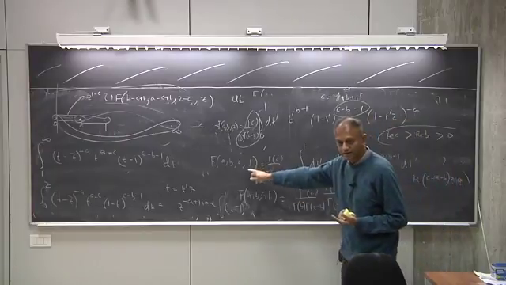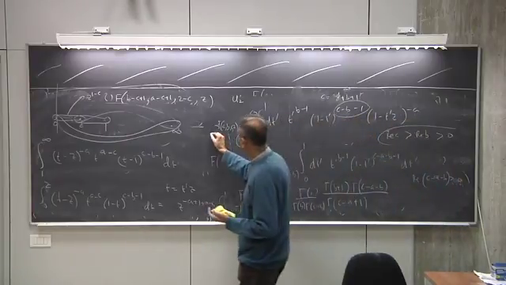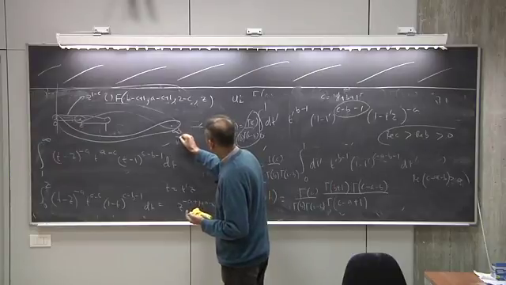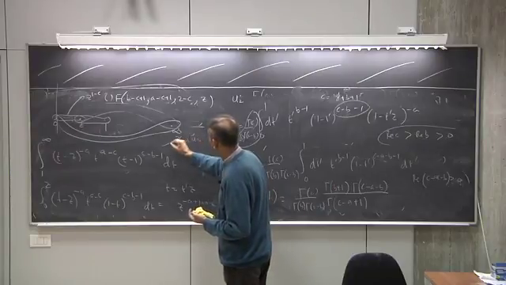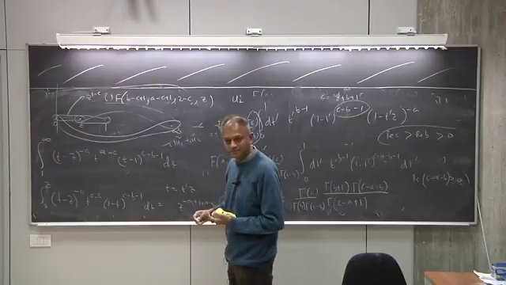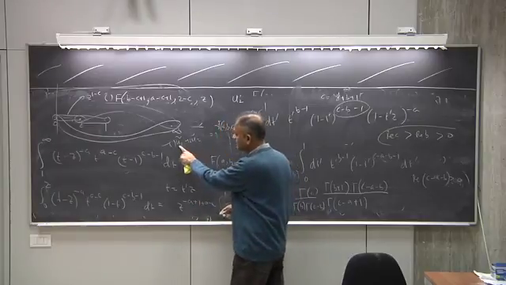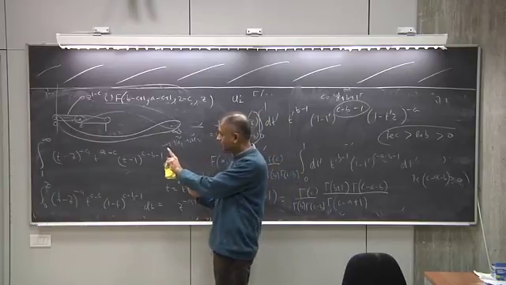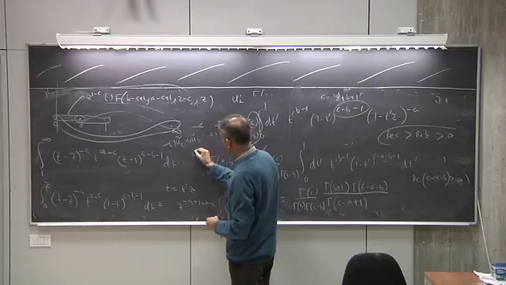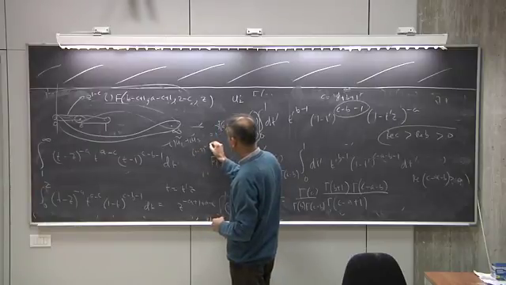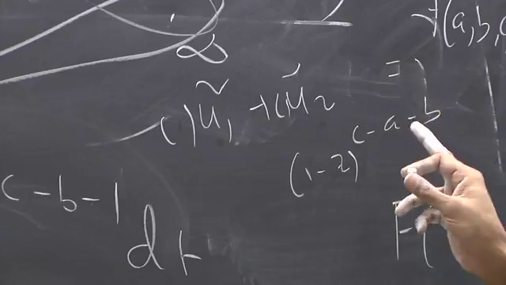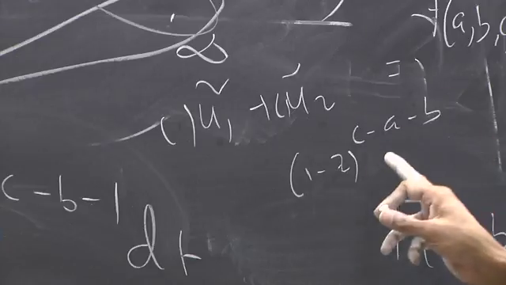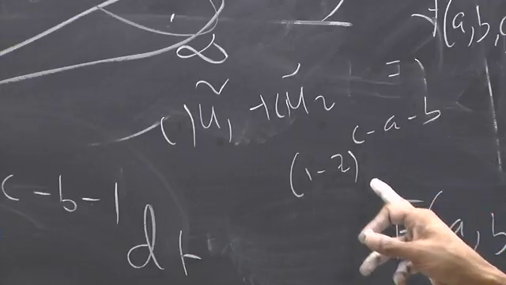So in general it will be a combination of u1 tilde plus u2 tilde with some coefficients. One of them is analytic, there's no problem, but the other goes like 1 minus z to the power of c minus a minus b. That was the second root of the indicial equation around z equal to 1.